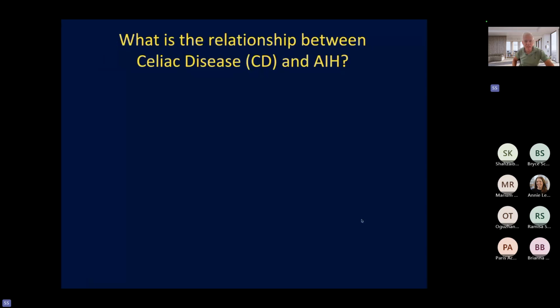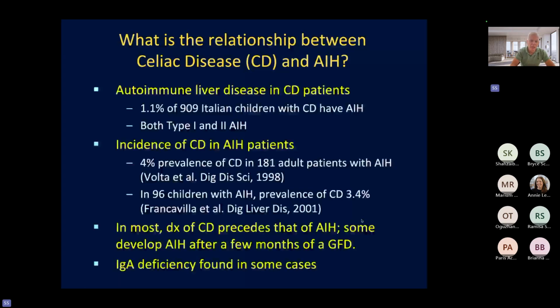What about celiac disease? She had a positive TTG. Well, patients with celiac disease do have autoimmune liver disease in a low percentage, and this is an Italian study. The prevalence of celiac disease was 4% in 181 patients with autoimmune hepatitis.